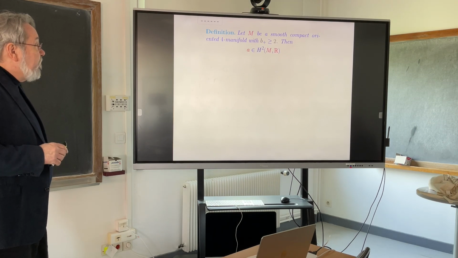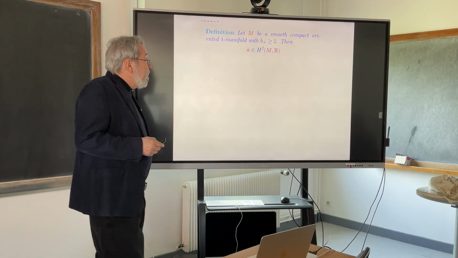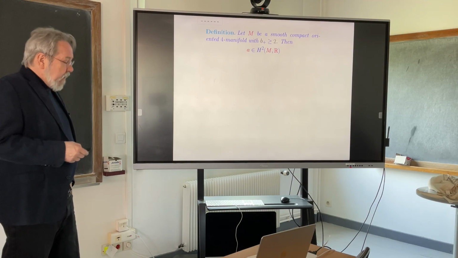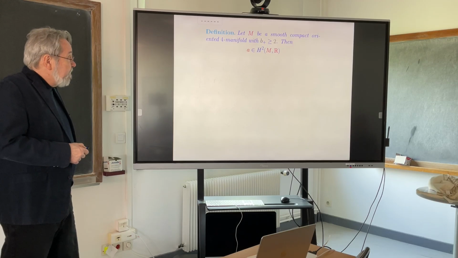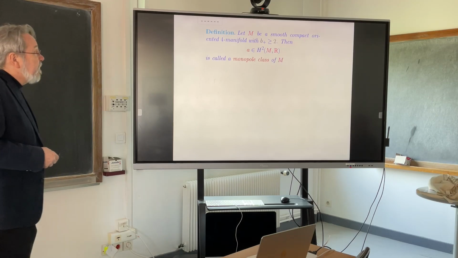So if you have a smooth, compact oriented four-manifold with b plus at least 2, then a cohomology class, here I'm emphasizing that it's in a certain vector space, the second cohomology with R coefficients, but in fact this will be an integer class.